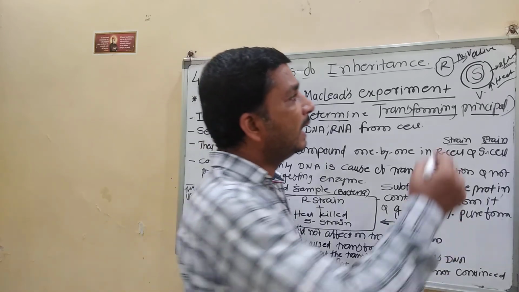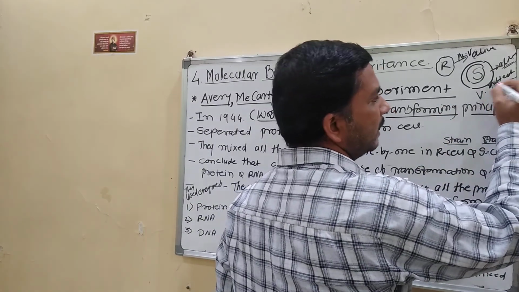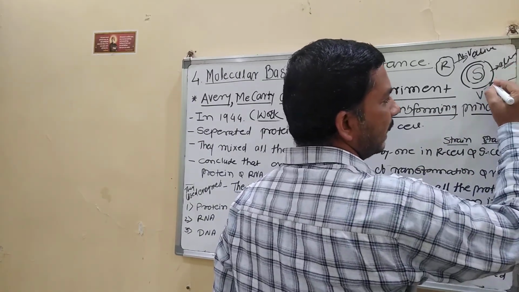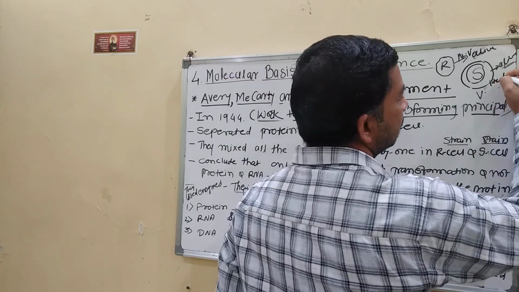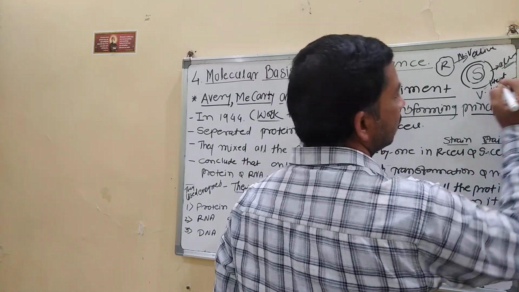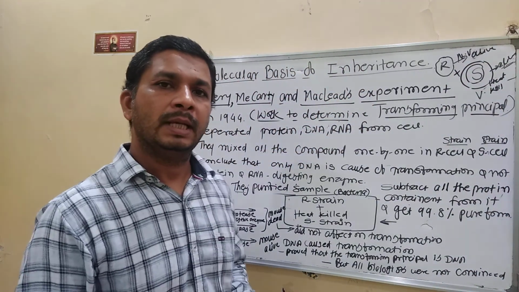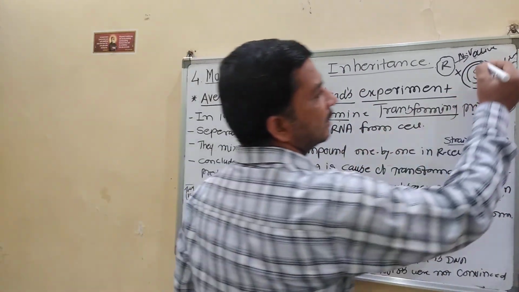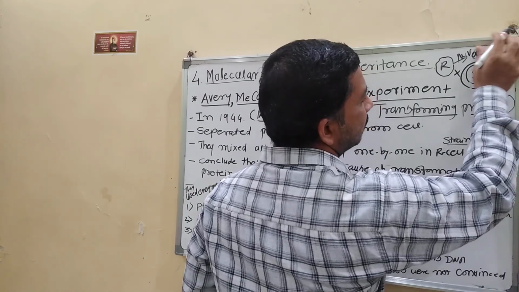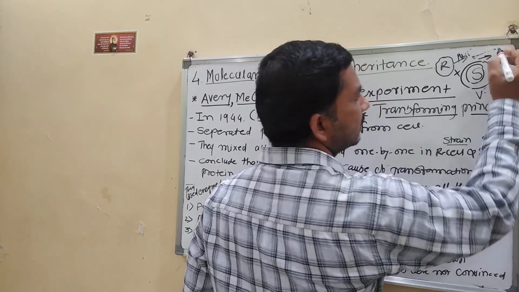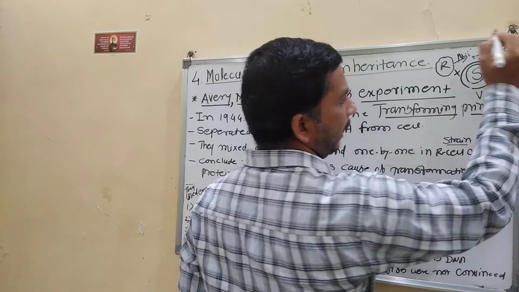Then he took heat killed S type and R type, mixed them and injected them in the body of the mice. The mice died.